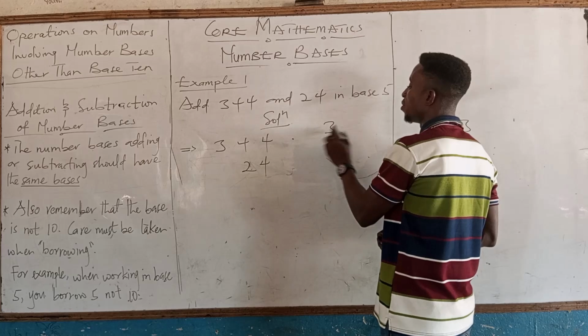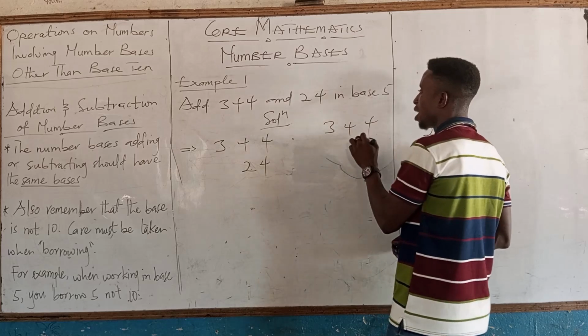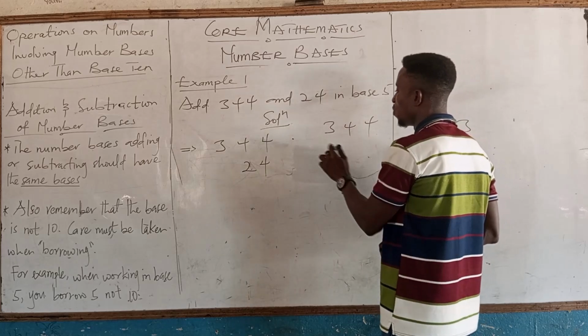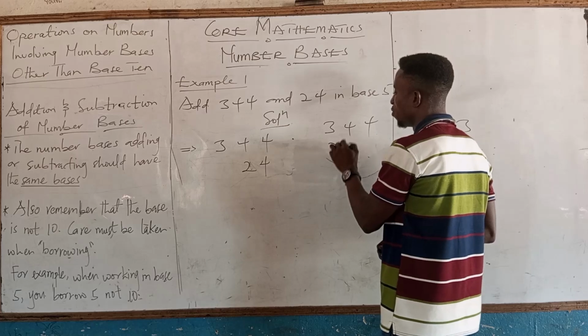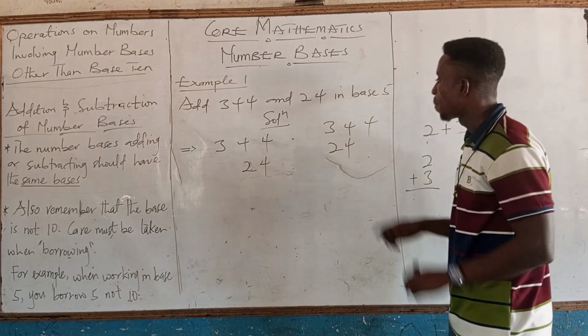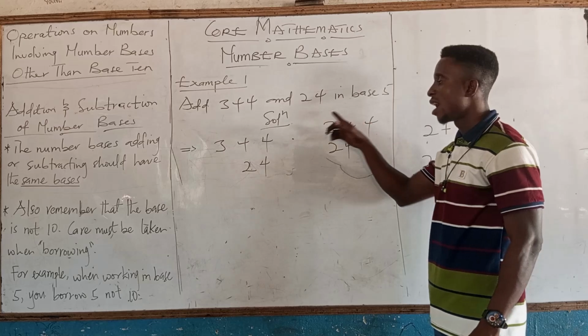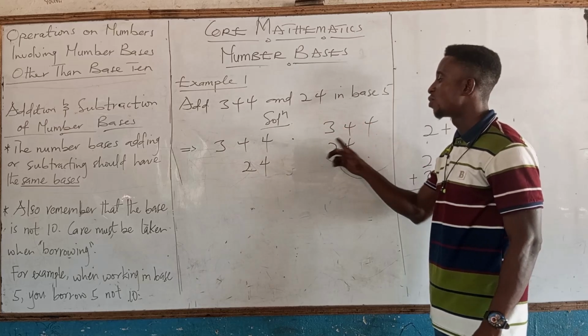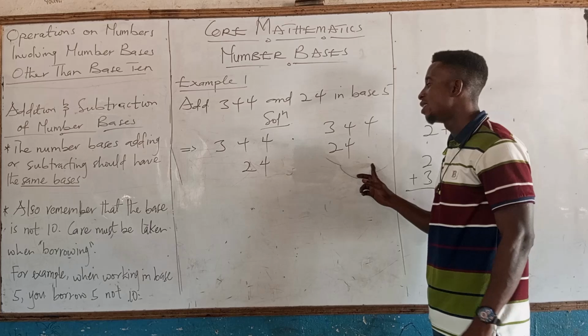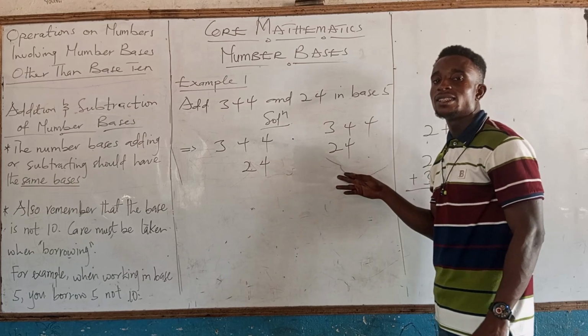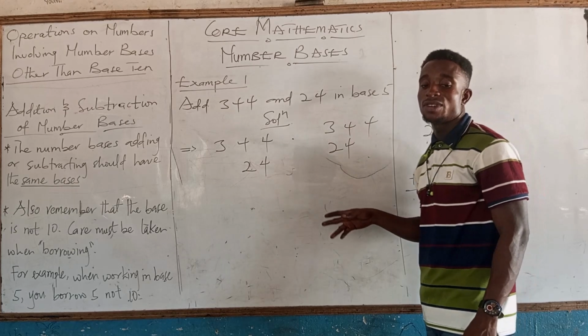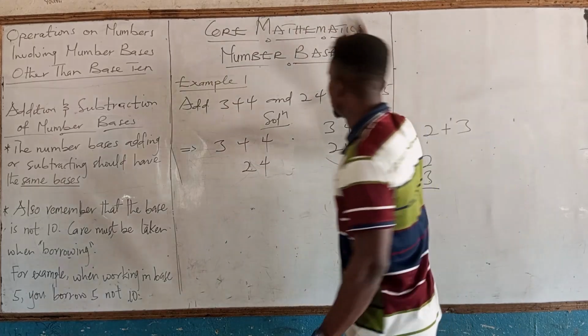So having this 344, you can write plus 24, like this. Are we getting that? This one is 1, 10, 100. This one is 1, 10. So ones under ones, or units under units. Then 10 under 10. Are you getting that? Hundreds under hundreds. So that is that.